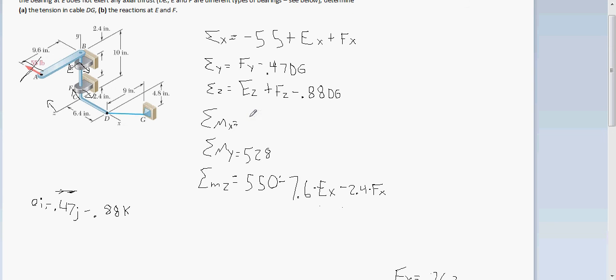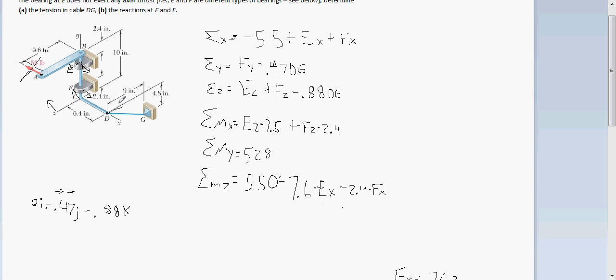So it's going to be EZ times 7.6, the distance, plus FZ times 2.4, and those should be done with. Oh, we also have a y force at that bearing at F, but that goes through all the axes, so it does not create a moment.